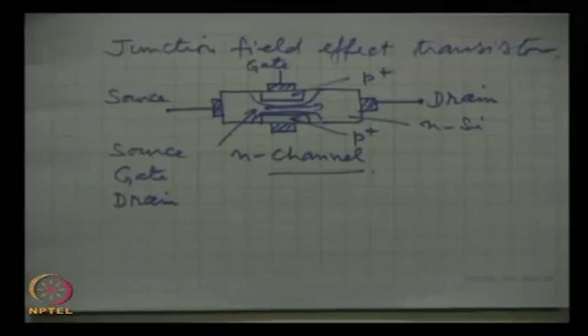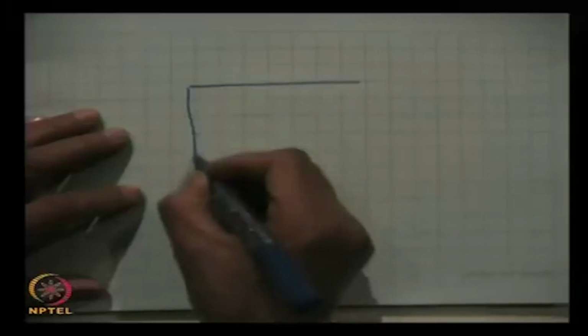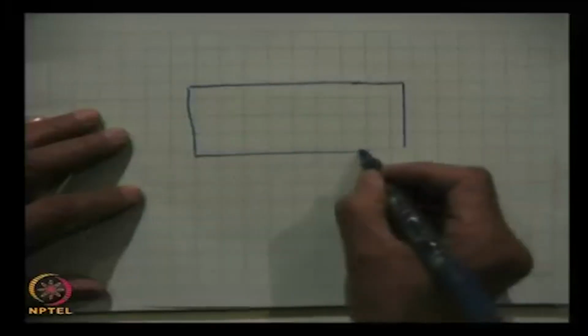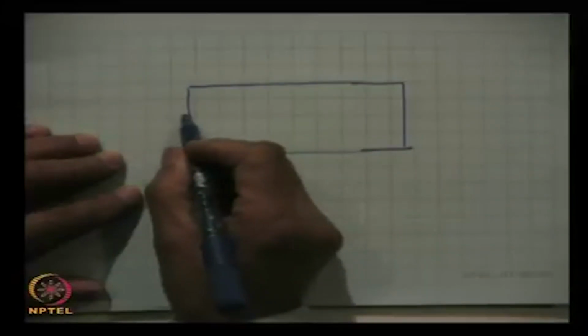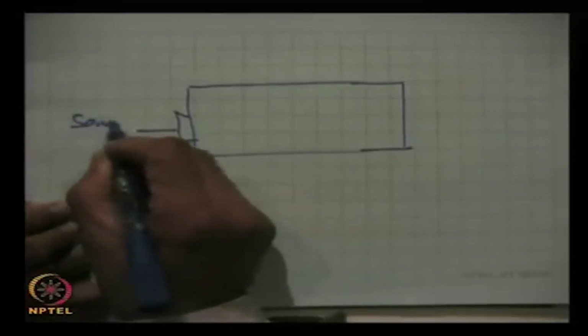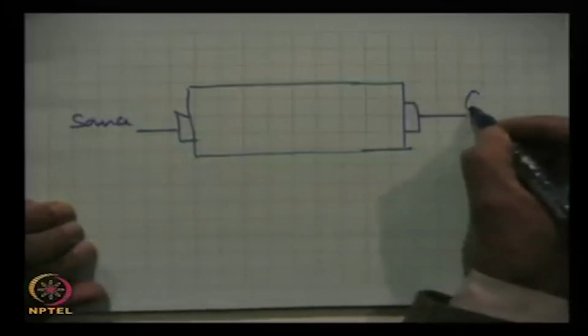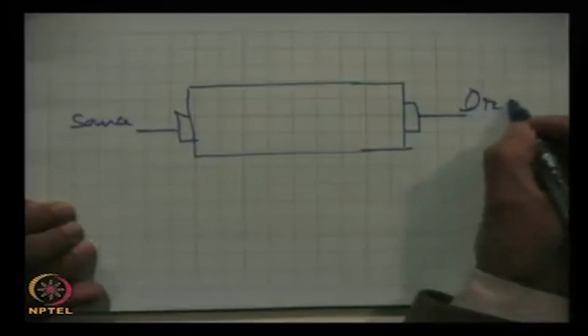I draw a neater, bigger figure, and then I explain what will happen when we apply voltages. This is the device in equilibrium. This is source, gate, drain.